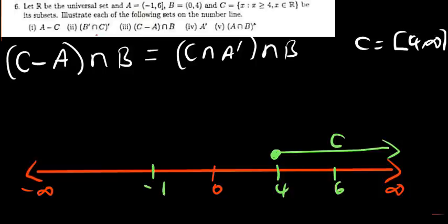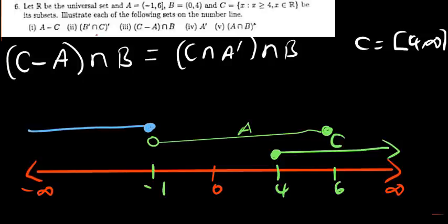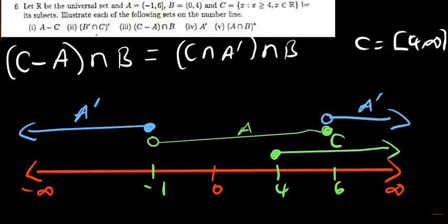From here not included all the way to this part included, that is my A. But I'm not interested in this line. I'm interested in A complement. So A complement should start from here. If this is not included, then the next one, the complement should be included. That is A complement. Another A complement will start from here, but this is included, so it's not going to be included going there. That is also A complement. So I am not interested in A, so I'll remove it.